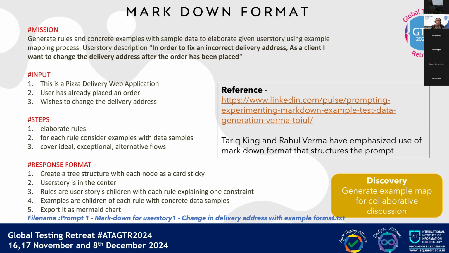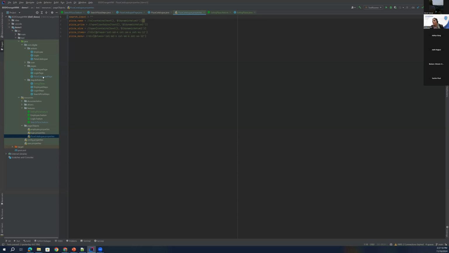And then what we actually did was put down exceptional flows, ideal flows, alternative flows. That's exactly what we want to tell the GPT engine, that these are the steps that you need to take. And then finally, the response format, right? It's a tree structure. So if you go to the documentation folder, you will find this prompt 1.